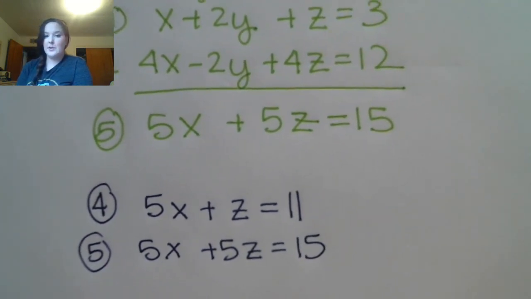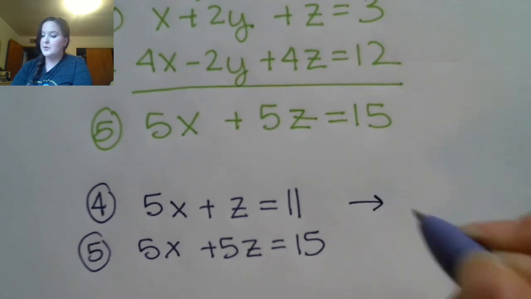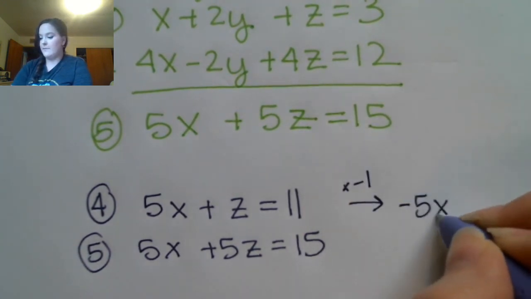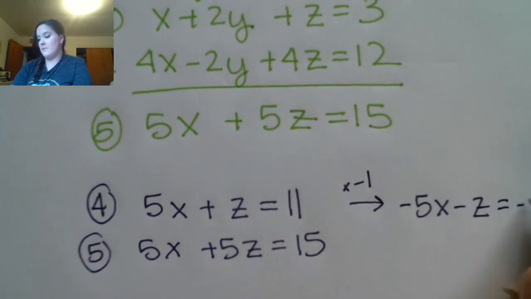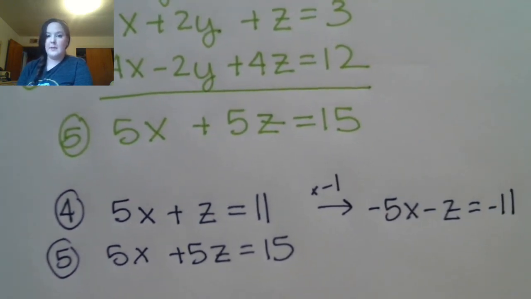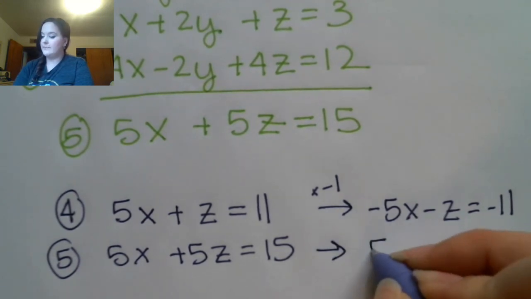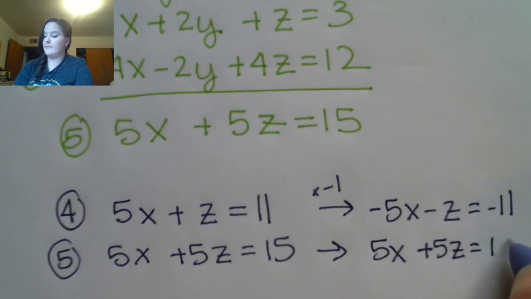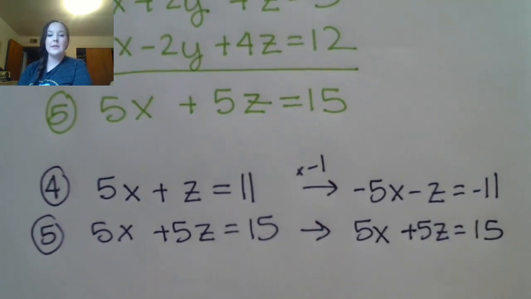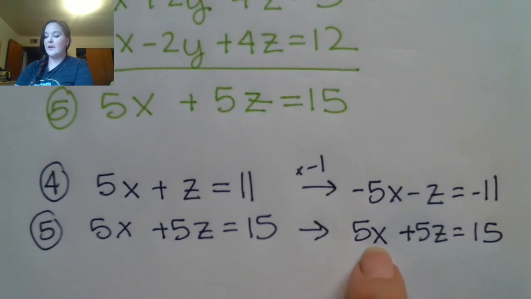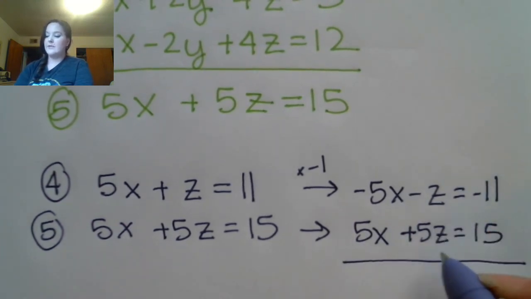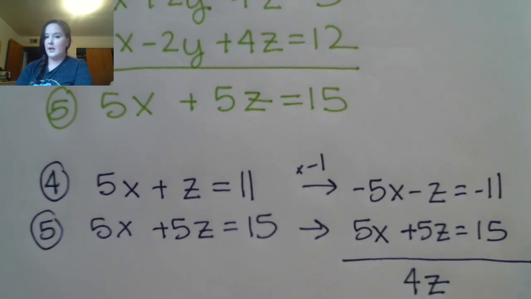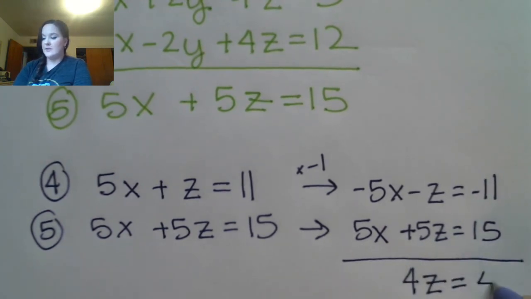Now I'm going to try to do elimination. So I'm just going to multiply one of them by -1, and then my second one, I'm just going to copy it. Now I'm going to add these together. -5x plus 5x is 0. -z plus 5z is 4z. And -11 plus 15 is 4.